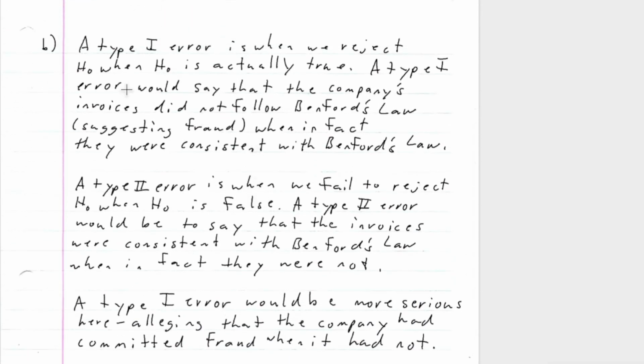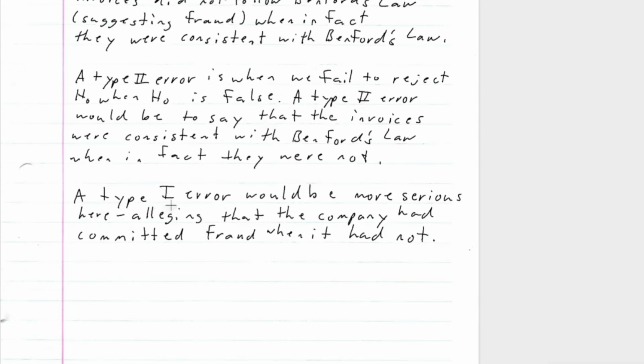A type 1 error is when we reject H naught when H naught is actually true. A type 1 error would say that the company's invoices did not follow Benford's law, suggesting fraud, when in fact they were consistent with Benford's law. A type 2 error is when we fail to reject H naught when H naught is false. A type 2 error would be to say that the invoices were consistent with Benford's law when in fact they were not. And of course, a type 1 error would be more serious here, alleging that the company had committed fraud when it had not.